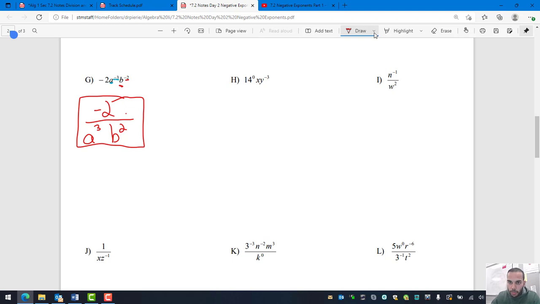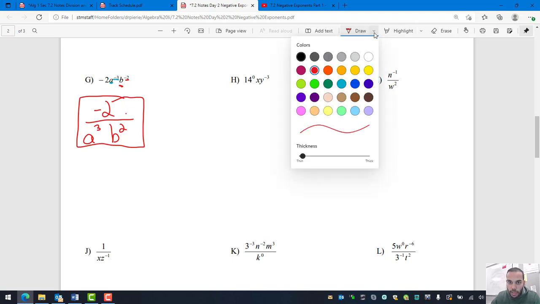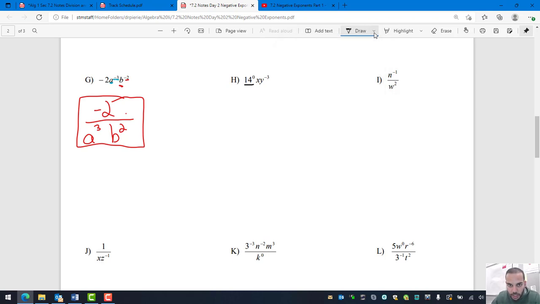Okay, same sort of principle for letter H. Ask yourself every time, what is being raised to what power? The first thing I see here is 14 to the 0 power. Okay, 14 to the 0 power is the exact same thing as just plain old 1. I can write 1 if I want, but it's 1 times x, y to the negative third. Ask yourself again, what is being raised to the negative third power?